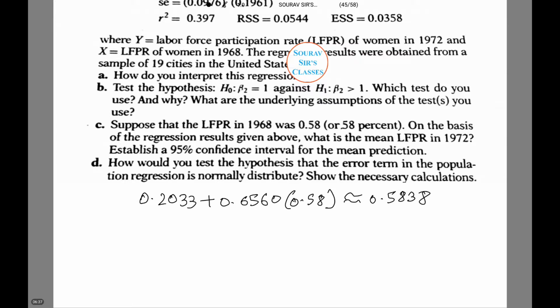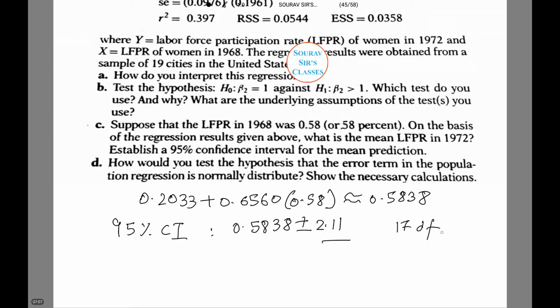closely comes to 0.5838. Now to establish a 95% confidence interval for this forecast value, we use the formula 0.5838 plus minus 2.11 times the standard error of the mean forecast value, where 2.11 is the 5% critical t value for 17 degrees of freedom.